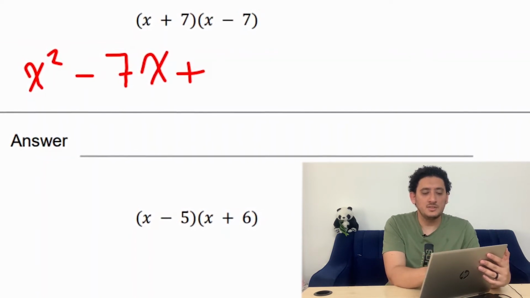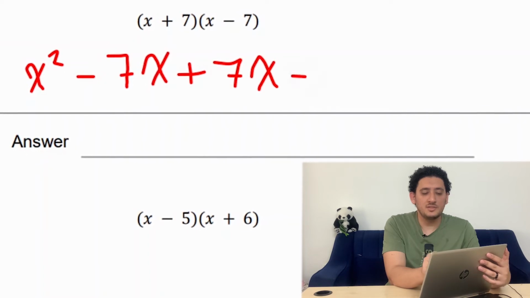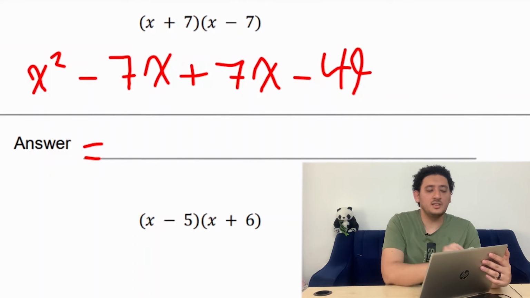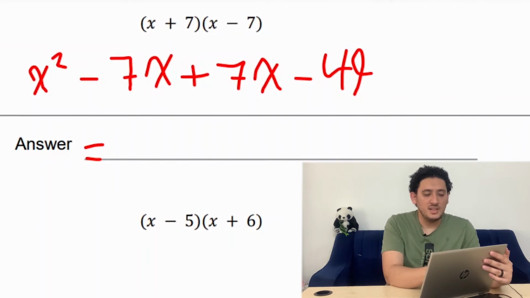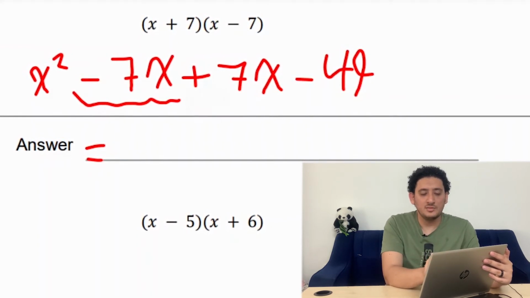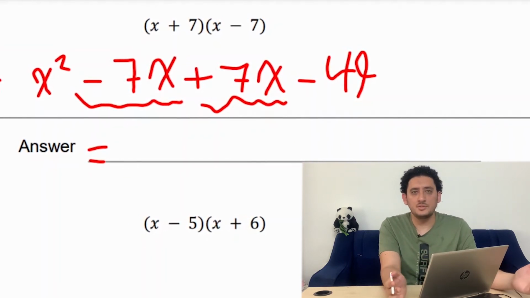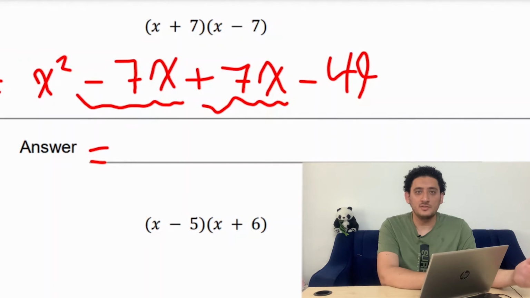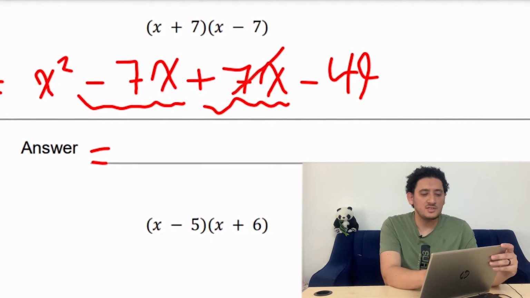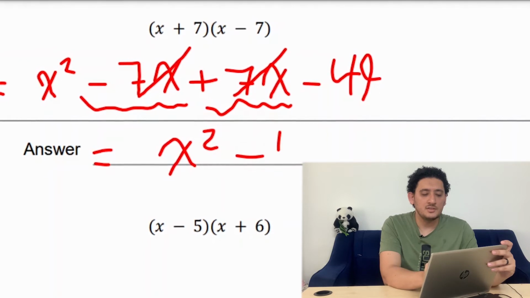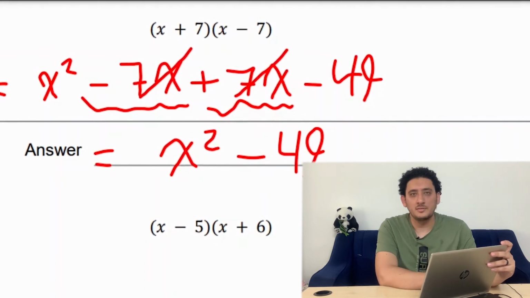It will be 7x minus 49. Collecting the like terms, negative 7x will be added to positive 7x. When you add a negative number to the positive of itself, it means 0. So we can just delete them and the answer will be x squared minus 49.